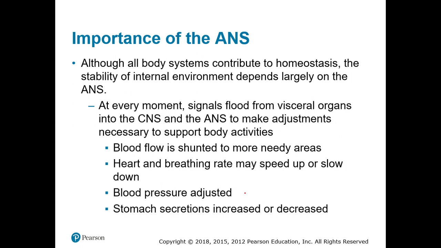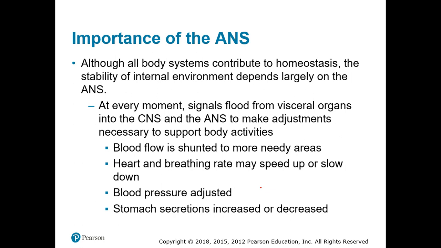Now, although we are talking about the difference between somatic and autonomic, later on in this lesson, we're going to focus specifically on branches of our autonomic nervous system. And that's because even though all body systems contribute to homeostasis, which is your ability to maintain a certain range, it is largely dependent on your autonomic nervous system. So that means every moment your body and brain and spinal cord is constantly sending signals throughout.